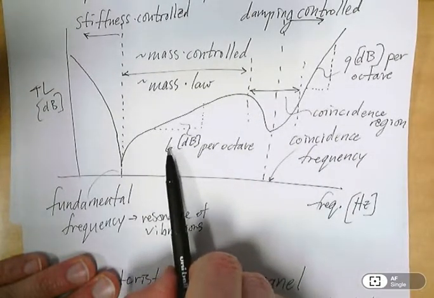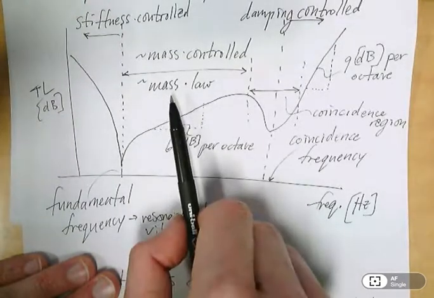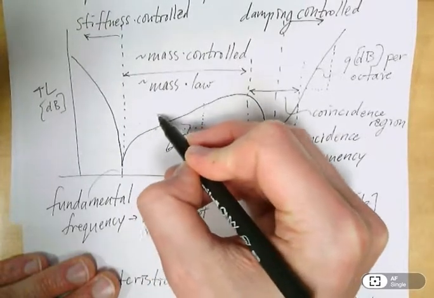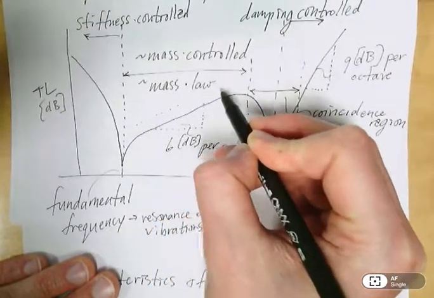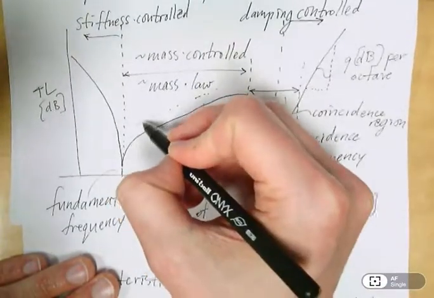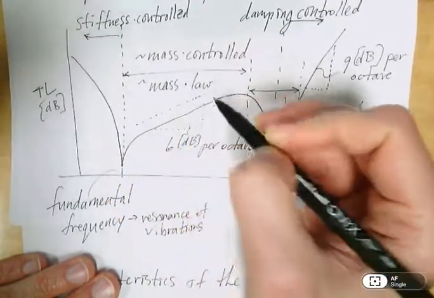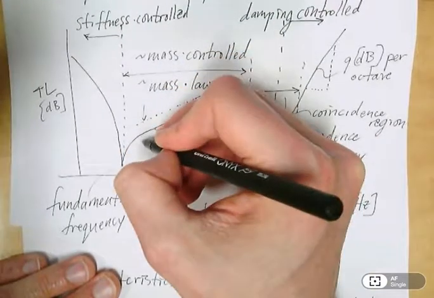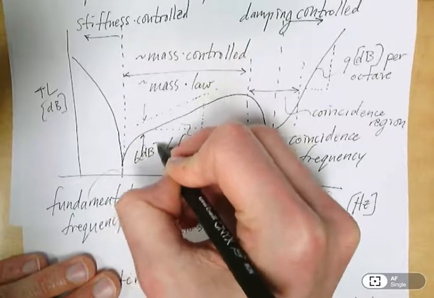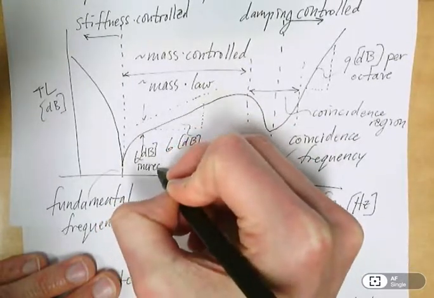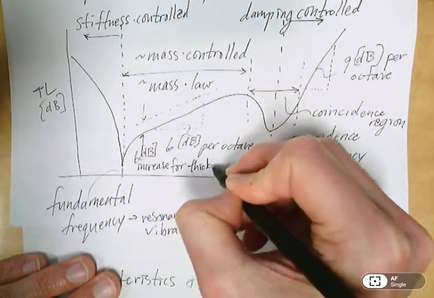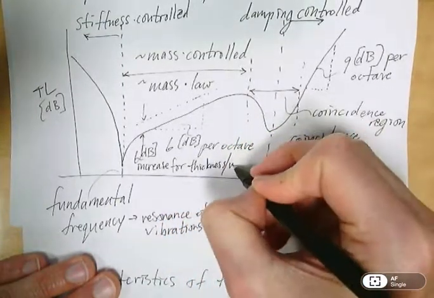And if we double the thickness of the panel, that flexible panel will increase uniformly its transmission loss in this region by 6 decibels. Six decibel increase for thickness mass doubling.